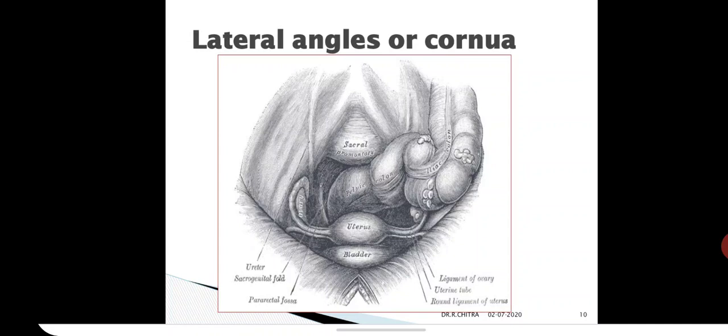The ligament of the ovary will be below and behind. So three structures you can see. On the right side image, you try to see, it is labeled: tube in the middle, and below and in front is the round ligament of the uterus. Below and behind is the ligament of the ovary.